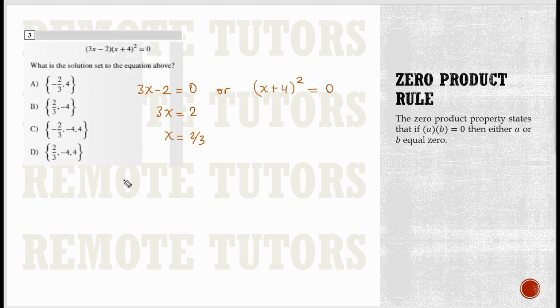If one of the values of x is 2/3, we will eliminate choice A, we will eliminate choice C, and for the next one we have to take the square root. We will take the square root on both sides, so we get x plus 4 is equal to 0, and finally x is minus 4, so the answer must be choice B.